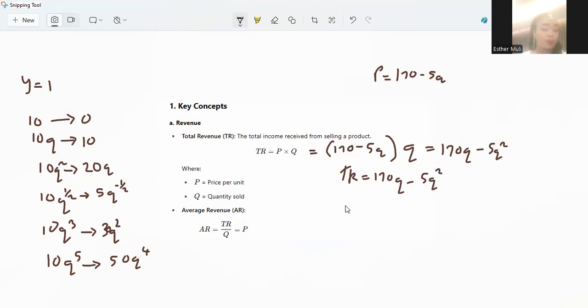When you differentiate the total revenue, it'll be dTR over dQ. So the name now changes from total revenue to marginal revenue. What is the derivative of this one?